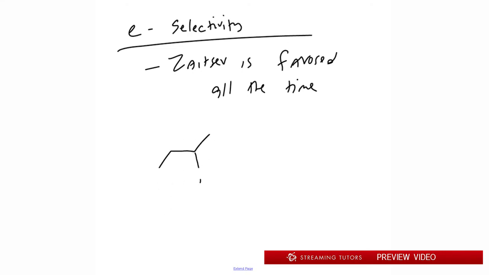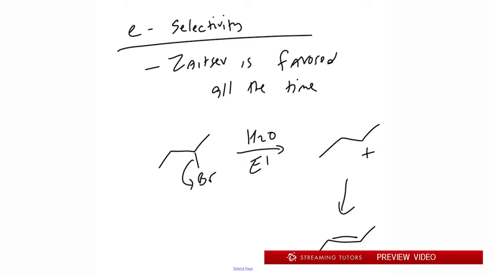If I have an alkyl bromide like this and I use water and it's E1 favored, we'll talk more about that in the next video. Well, when this leaves and a carbocation forms, I know my major product is here. That's the major product. That's what's going to happen the most. Why? Because it's favored Zaitsev, right? This is alpha, this is beta and beta, and the beta carbon on the left has 2 H's, the beta carbon on the right has 3.